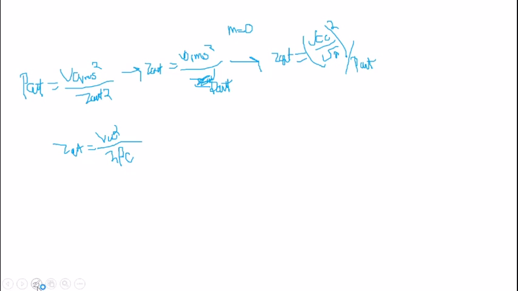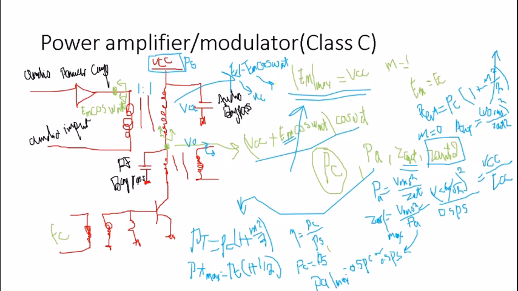So to put everything into perspective, if we have the power of the carrier right here, we can find all our design parameters: the power of the audio amplifier, the output impedance of that audio power amplifier, and finally the output impedance for the modulator.